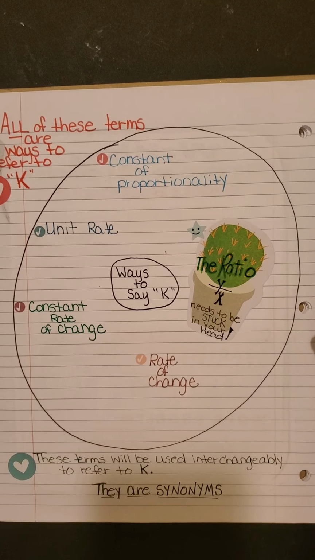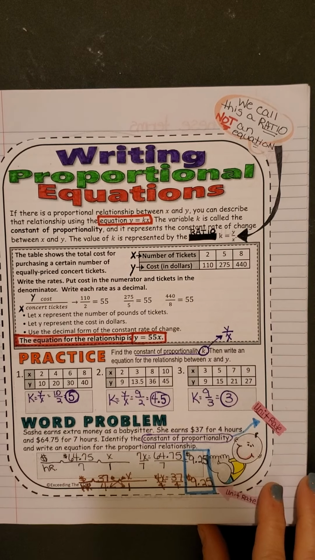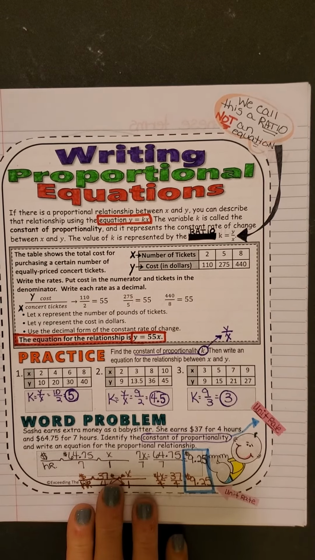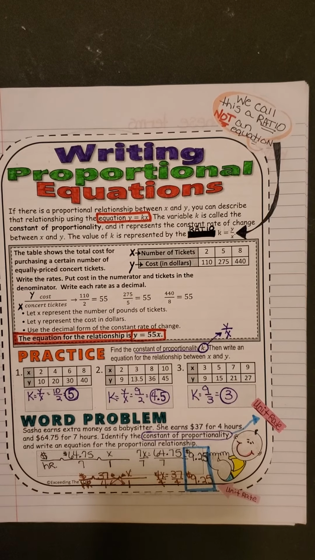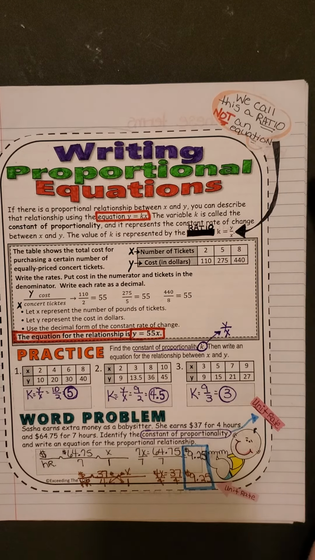Now I'll be putting the circle map that I just showed you, as well as these doodle notes, into Google Classroom for you to copy and get down. But I wanted to go over these first. We call this a ratio, not an equation.